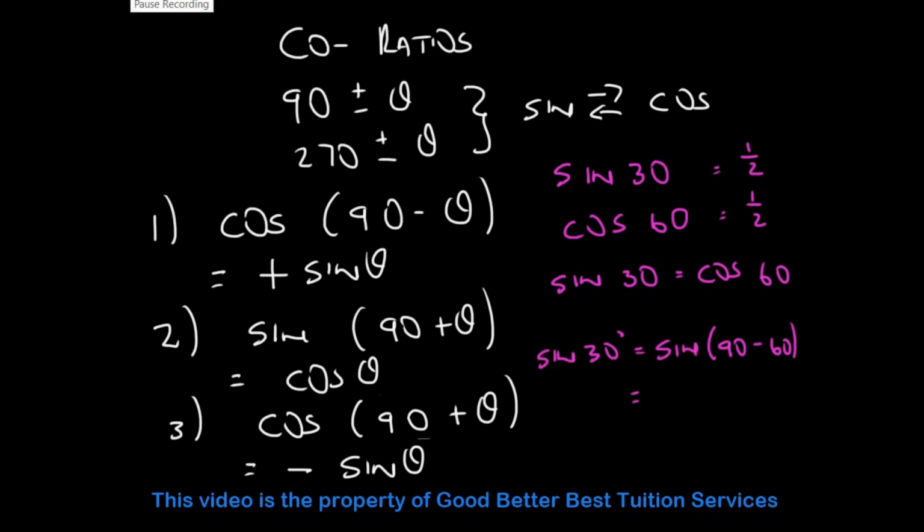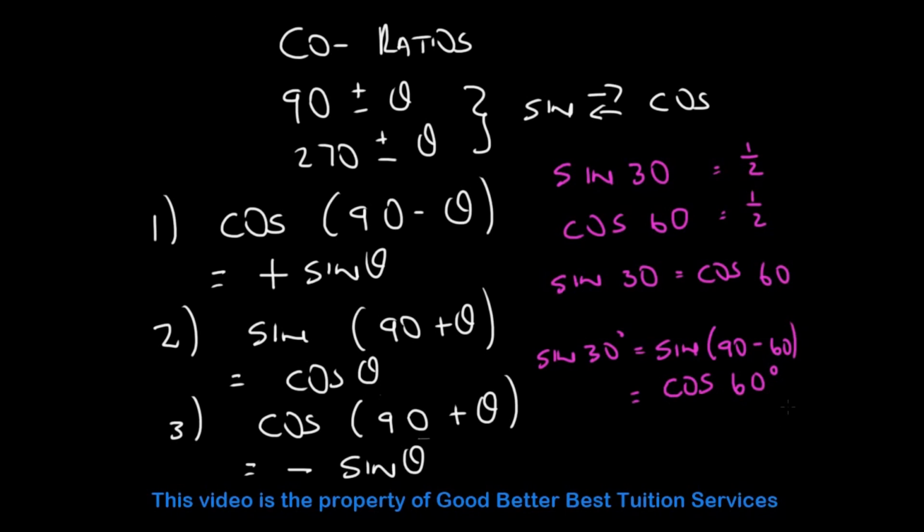If I were to look at the sine of 30, I could say that that's the same thing as sine of 90 minus 60. Okay, 90 minus 60 is 30. But what did we learn? That whenever we use 90 plus or minus, sine will become cos. So what's that going to be? And that gives me the cos of 60 degrees.